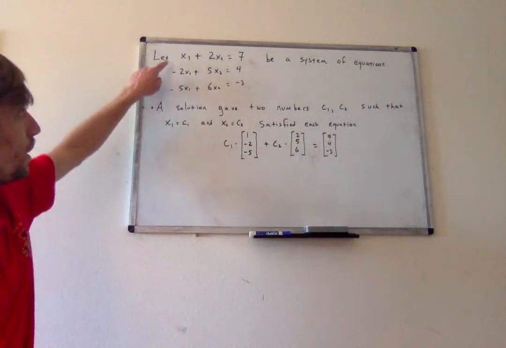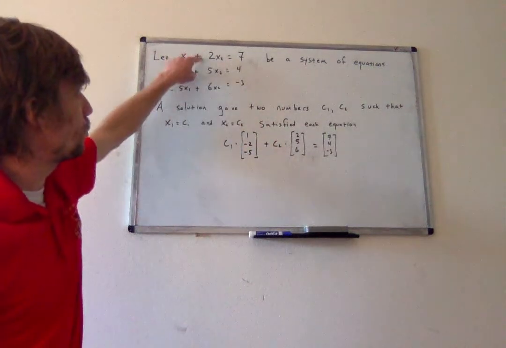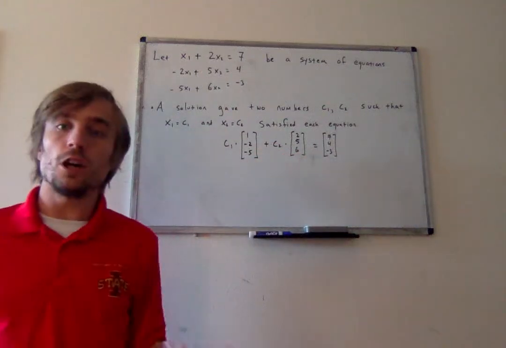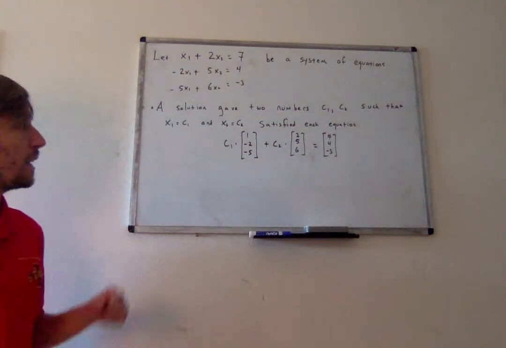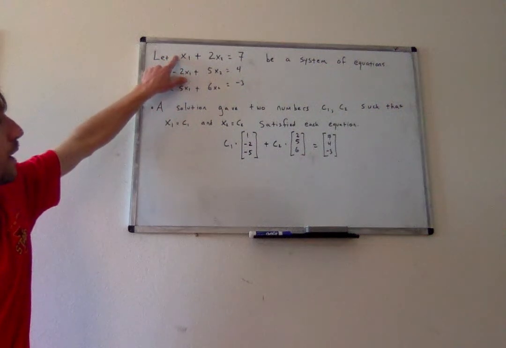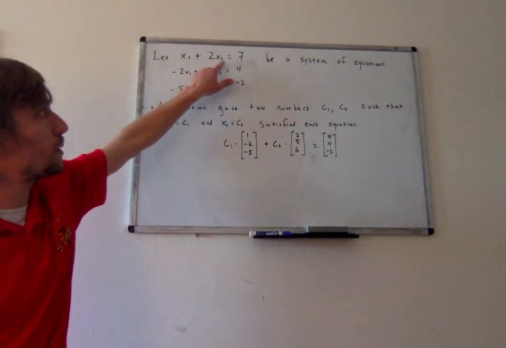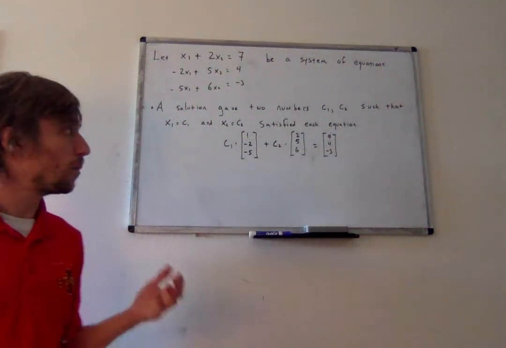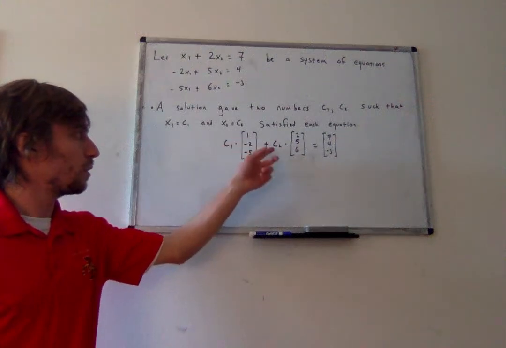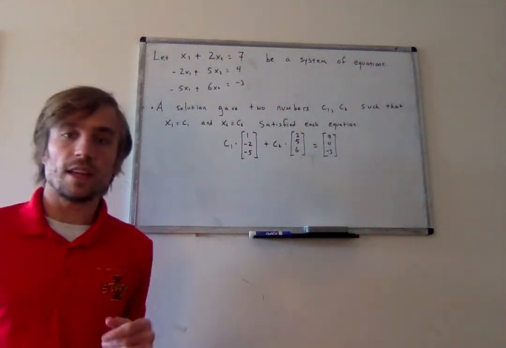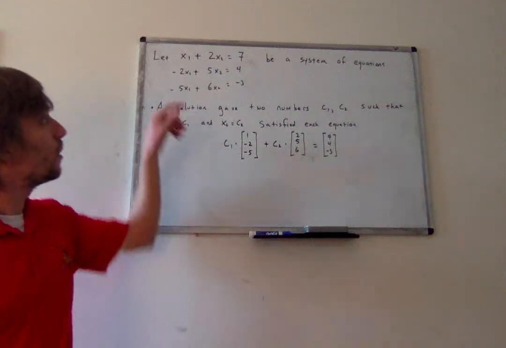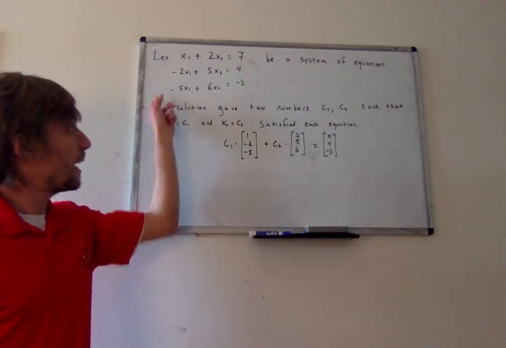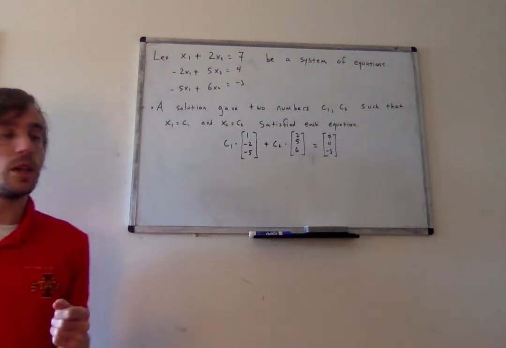So x1 times [1, -2, -5], x2 times [2, 5, 6]. And on the right side of the equal sign, I've made a vector for all of the constants there. If equation 1 is satisfied, then 1 times x1 plus 2 times x2 is equal to 7. And if C1 and C2 are a solution, then C1 times 1 plus C2 times 2 is equal to 7. We can keep doing that, where the second entries in all of these vectors represent equation 2, and the third entry represents equation 3.